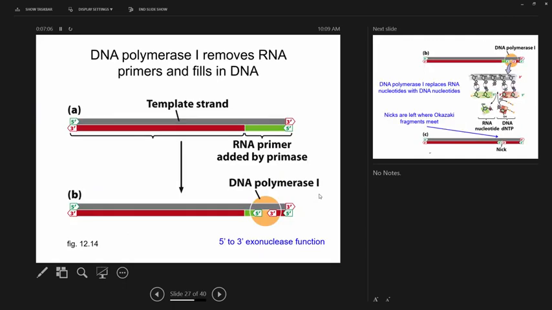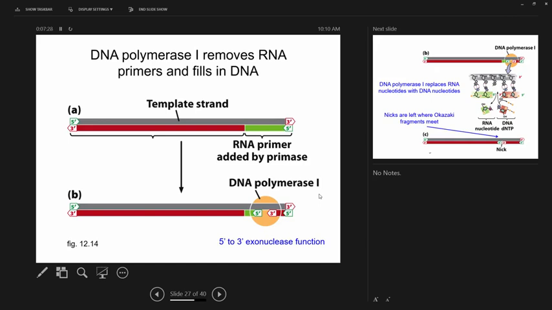All right, so at the end of DNA synthesis, the leading strand will be fine, but the lagging strand will have many Okazaki fragments, each of which has an RNA primer at its 5' end.